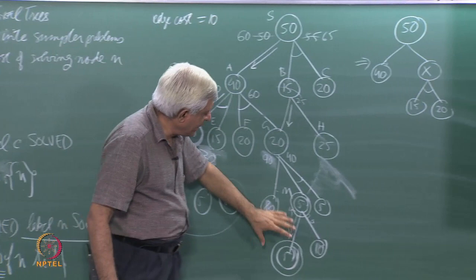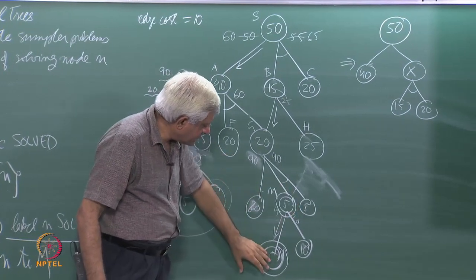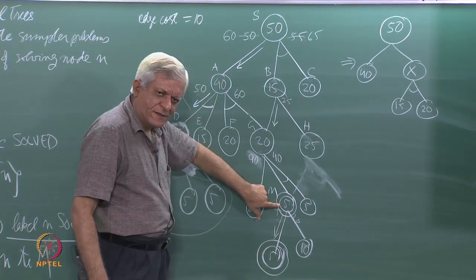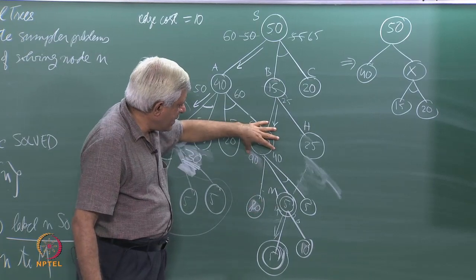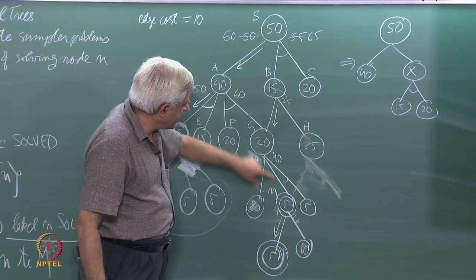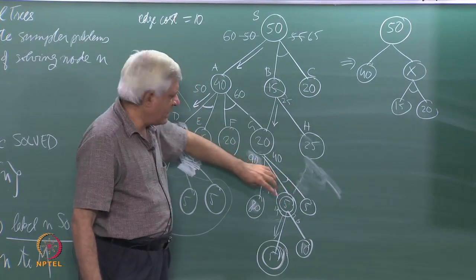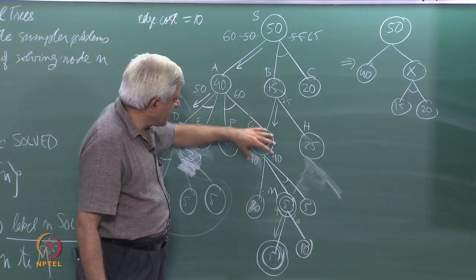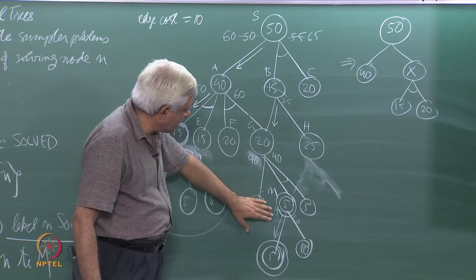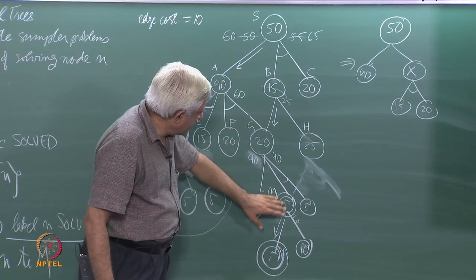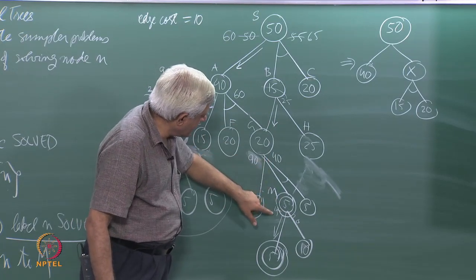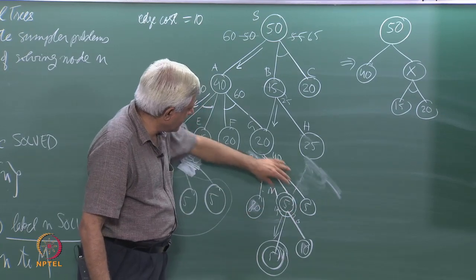In this example, if this has changed, I will get a new label solved. So, I will add this to m, but this cannot be labeled solved because that branch still is unsolved. So, I will not label this solved, but I will change its value, because originally it was 20 and now this has become 15 plus 5, 20 plus 20, 40.